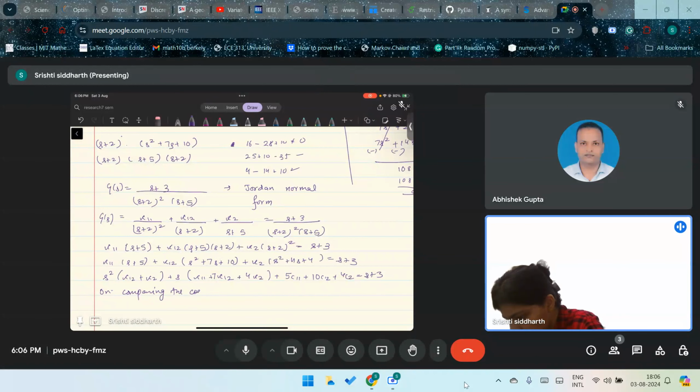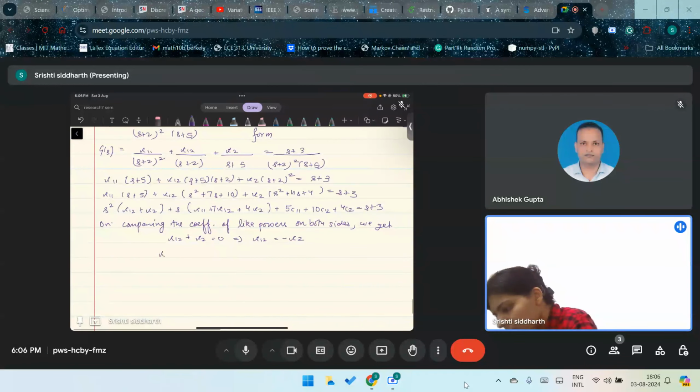So when comparing the coefficients, what do we get? We have that c12 plus c2 equals 0. Then we have c11. So let's do this. We substitute c12 directly, minus 7c2 plus 4c2. It is going to be 1.